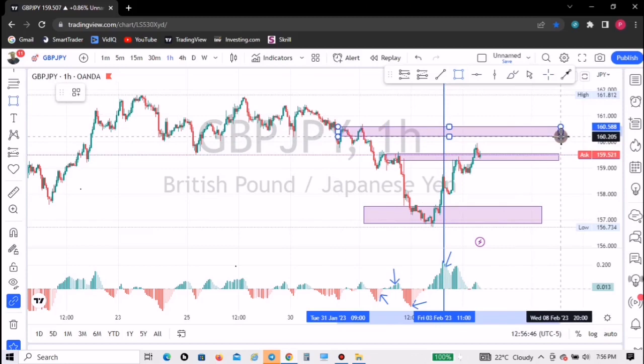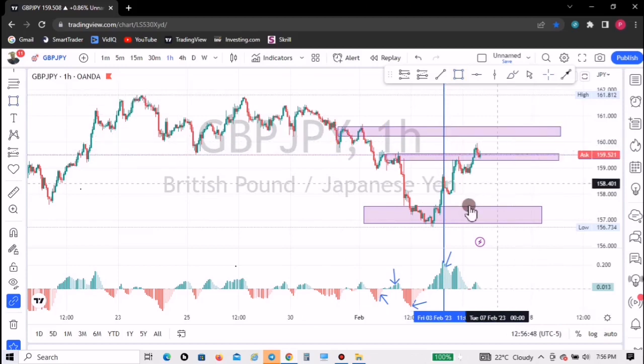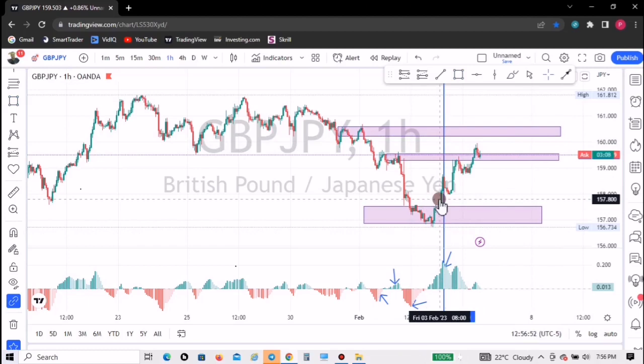Here's another region. Now you know that if you were to take the trade here, you would put your take profit right here. But if you don't want to put your take profit right here, now you will move to the next key level, which is right here. This is where you're going to take your profit.